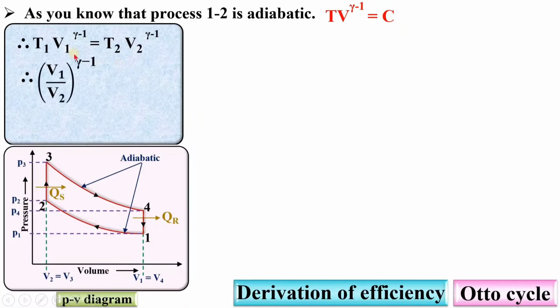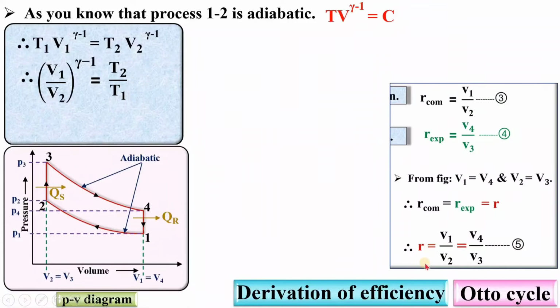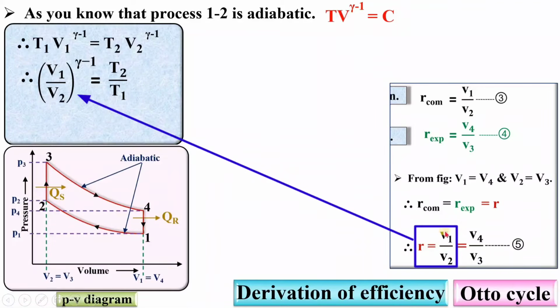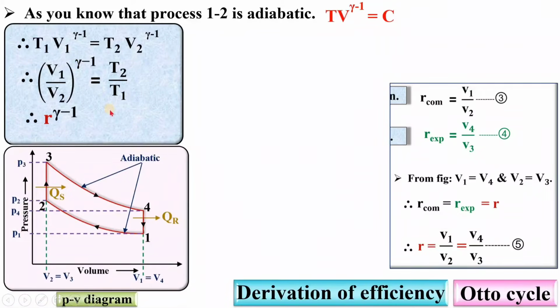Now from this equation I can say (V1 upon V2) whole raised to gamma minus 1 is equal to T2 by T1. As we have discussed earlier, r is the ratio and that is equal to V1 by V2. So I can put over here V1 by V2 is equal to r. So it is r raised to gamma minus 1 is equal to T2 by T1. Let's say it is equation number 6.